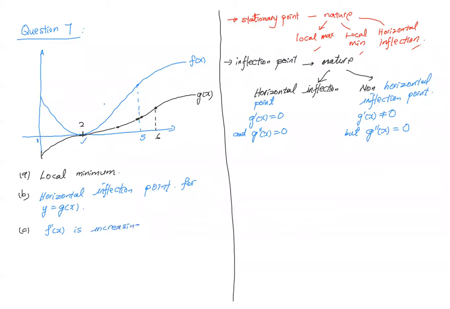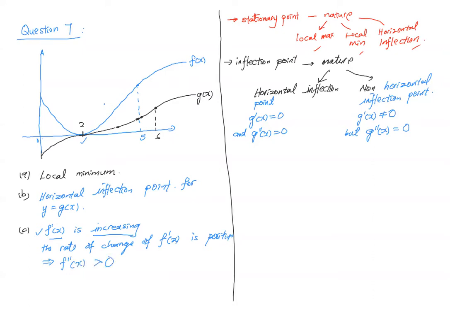Sorry to say that. If I say f prime x is increasing, I'm referring to the rate of change of f prime x being positive, which implies f double prime x is greater than 0.